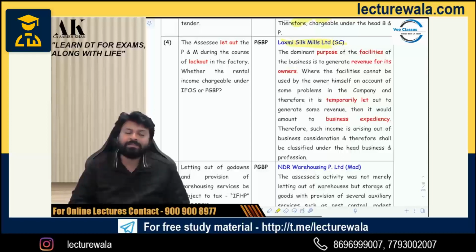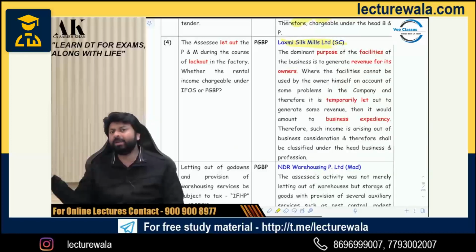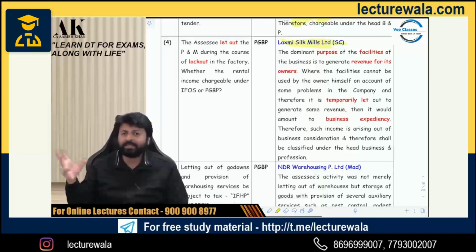How well you think in business. So this is what the assessee has done. He has thought like a prudent businessman. Therefore, the income from letting out of facility, which otherwise could have earned him Pgbp income. If everything was open, everything was okay, then he would have earned Pgbp out of that plant, machinery, furniture.